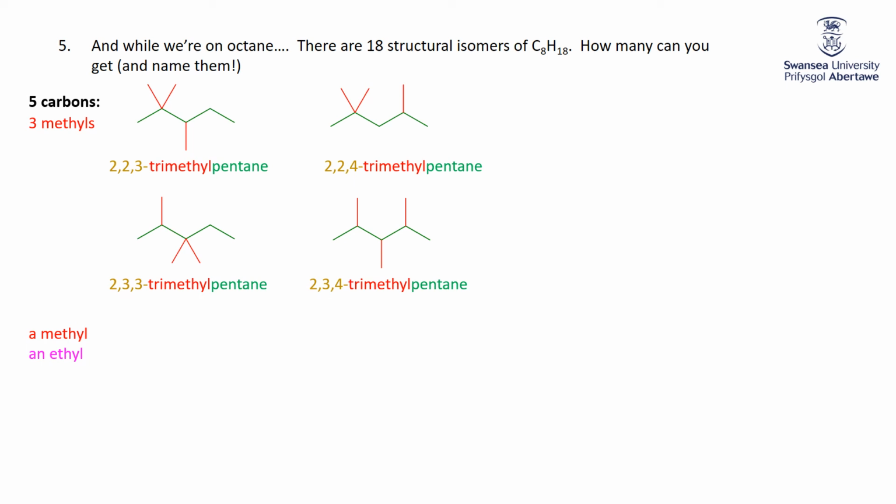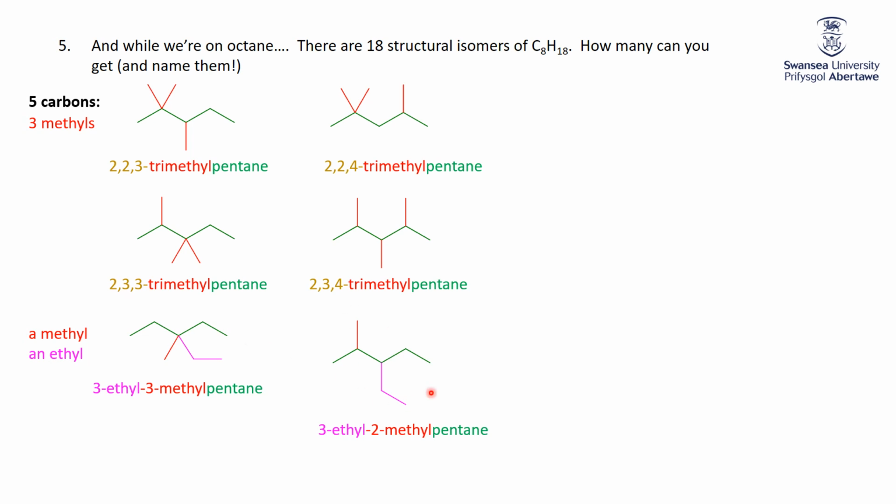Well, the ethyl, remember, we can't put an ethyl on carbon 1 or carbon 2. So the first place we'd have to try for an ethyl group is carbon 3. Okay, now we can either put the methyl group on carbon 3 with it, so 3-ethyl, 3-methyl, or we can keep the ethyl on carbon 3, that's the only place it can go, and put the methyl on carbon 2.